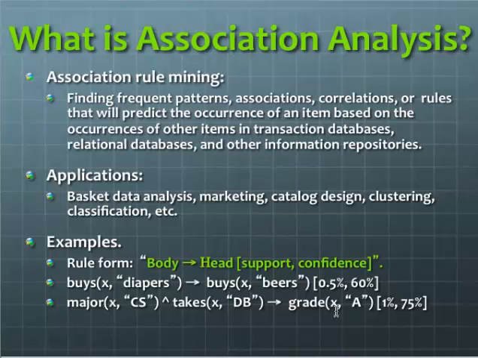The second example of an association rule listed here is that if a person X has a major of computer science and takes the course called databases, then he will get the grade A. For this rule, the support is 1% and its confidence is 75%.